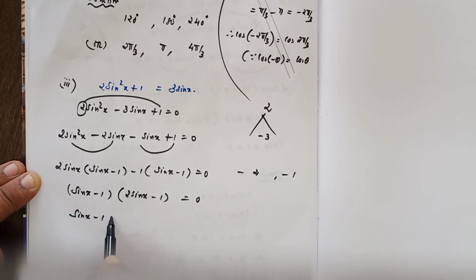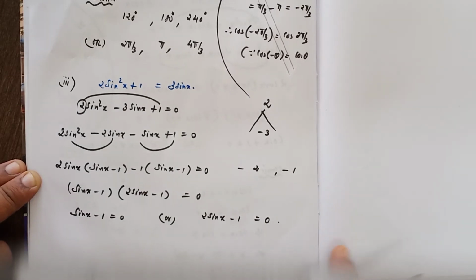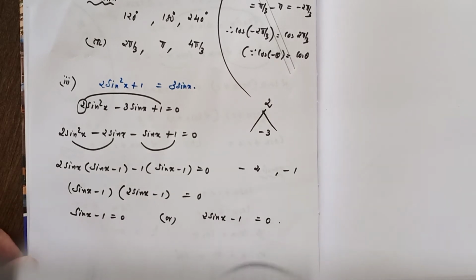So product of these two equal 0 means sin x minus 1 equal to 0, or 2 sin x minus 1 equal to 0. Case 1 and case 2. In case 1, take sin x minus 1 equal to 0.